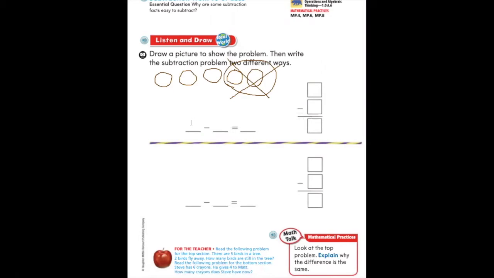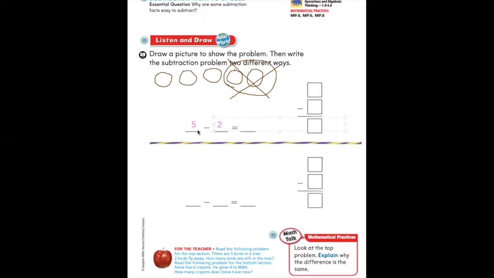We are going to first write the subtraction sentence horizontally, which means across. We started out with 5 birds to begin. So we will write 5 as the first number in our subtraction sentence. After that, in the problem, we learned that 2 birds flew away.